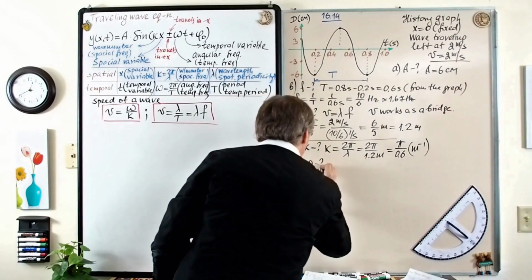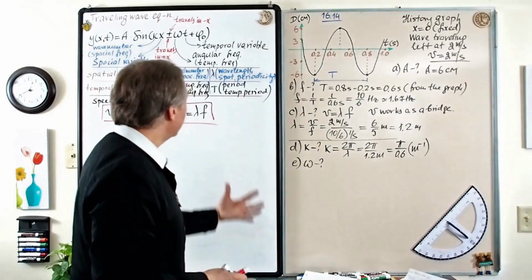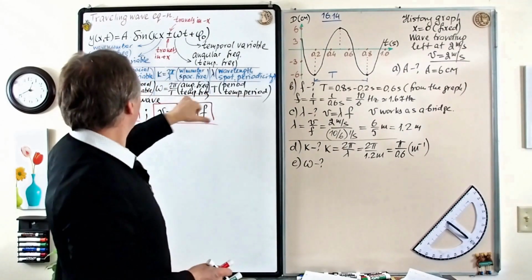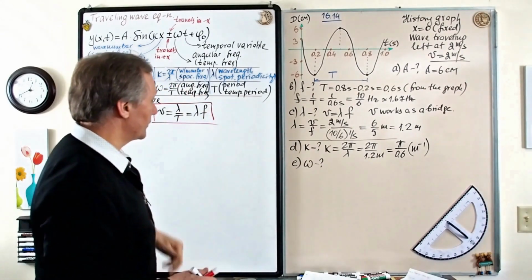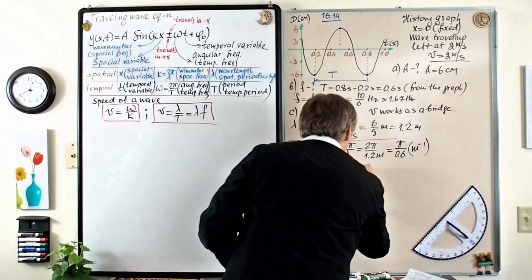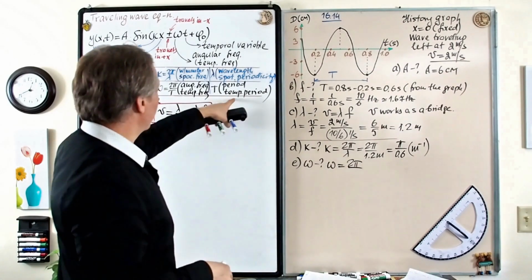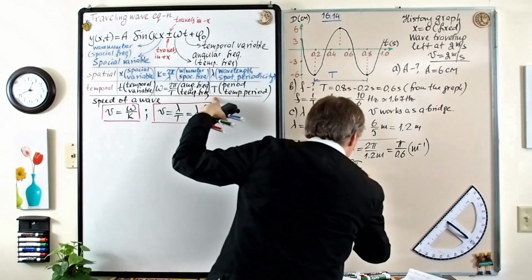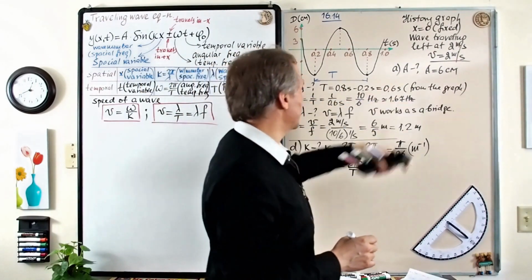Now let's find angular frequency. The meaning is it's basically temporal frequency. Spatial frequency, temporal frequency. By definition, omega is 2 pi divided by temporal periodicity, which is the period, and we found the period in part B. The period is 0.6 seconds.